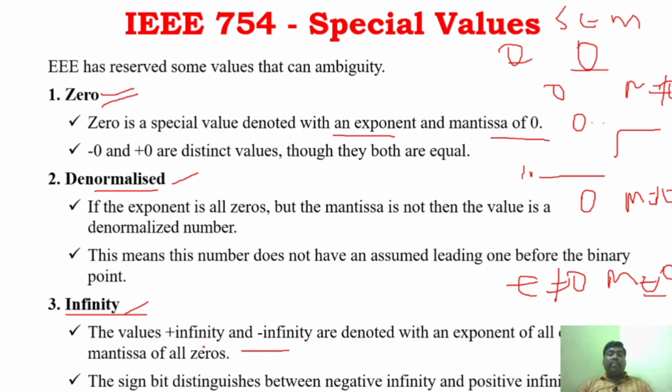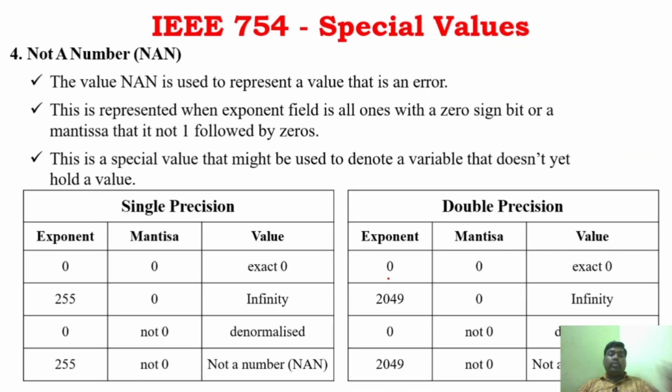And the positive and negative can be represented using the sign bit. If it is 0, it is positive, 1 is negative, right? So there are a lot of special cases, like I said, 0, denormalized, infinity values, all of which can be represented using single precision as well as double precision, right?